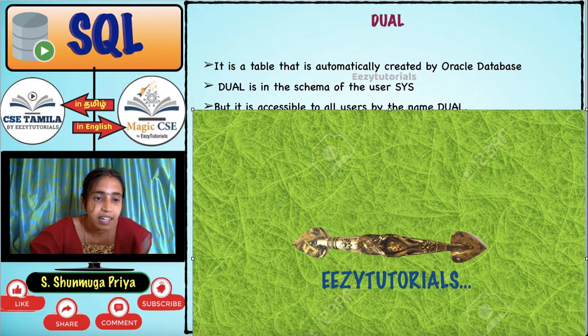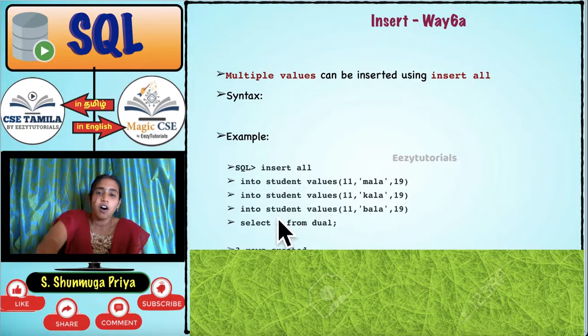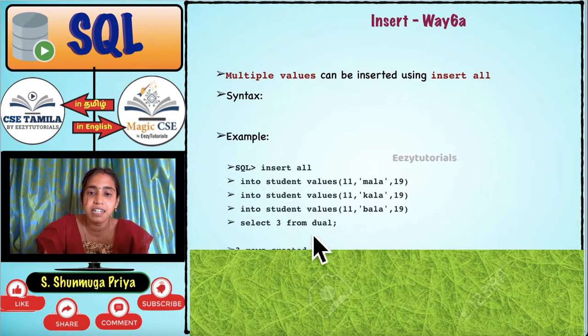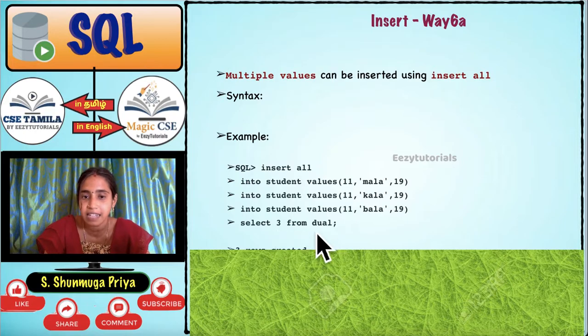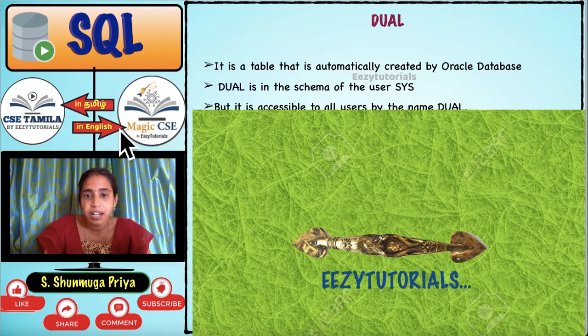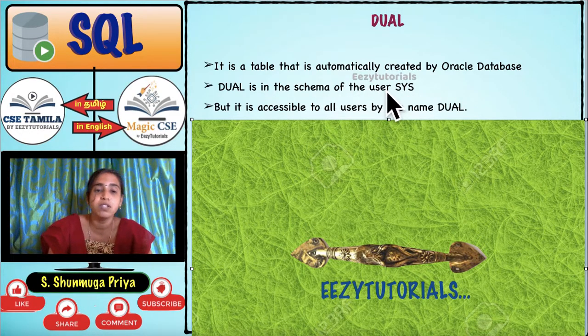In the INSERT ALL command, for handling multiple queries and having all of them inserted in a single go, internally it should handle that, and for that reason this internal dual table is used. That is why you give it in the syntax itself. Dual is the internal table that is automatically created by Oracle, and every user can use it.